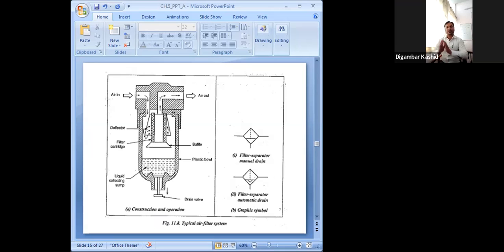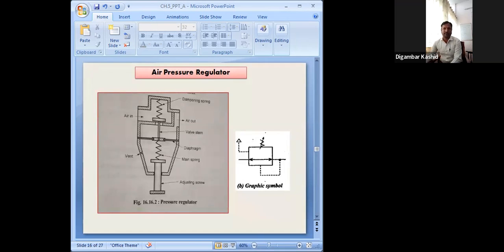Okay. Now the air got filtered. Now come to the next one, the air pressure regulator. This is the second unit, the second element of the FRL or air preparation unit. So what is the function of the air pressure regulator?